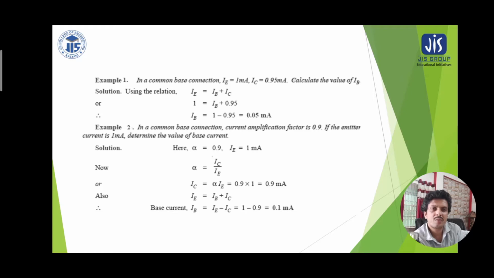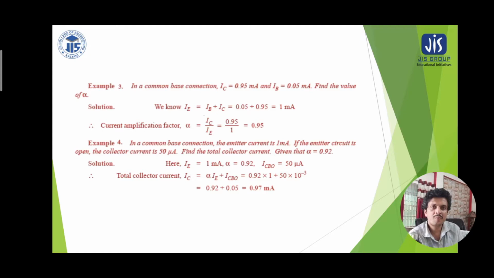So collector current is equal to alpha times IE, that is 0.9 multiplied by 1, that is 0.9 milliampere. Therefore, emitter current is equal to base current plus collector current, and that shows that base current is equal to emitter current minus collector current, and that is equal to 0.1 milliampere. So this is the way by which you can solve the currents in a transistor.